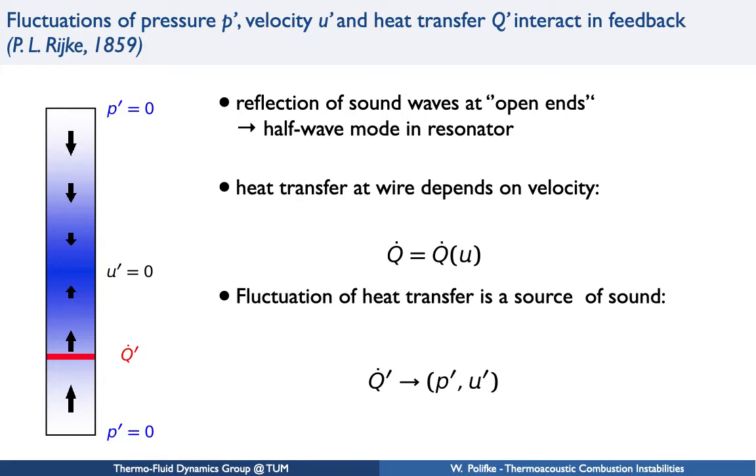A loudspeaker is basically a box with a membrane. And the membrane, if you send an electrical signal to your speaker box, moves forward and backward, moves out of the box and into the box. It increases the overall volume and pushes the surrounding air aside, or decreases the overall volume of the box and therefore sucks in the surrounding air.